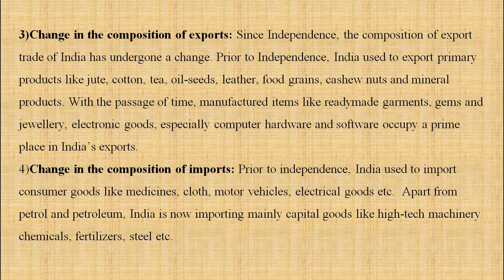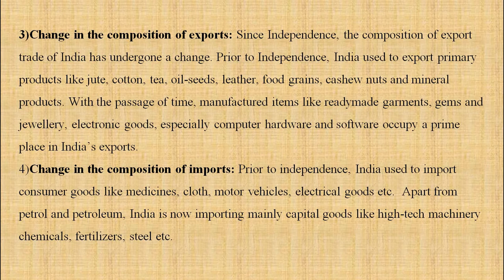With the passage of time, manufactured items like ready-made garments, gems and jewelry, electronic goods, especially computer hardware and software occupy a prime place in India's export. So now our export is also having lots of other commodities. We include so many things in that.